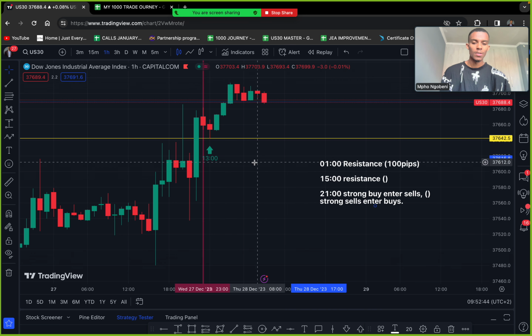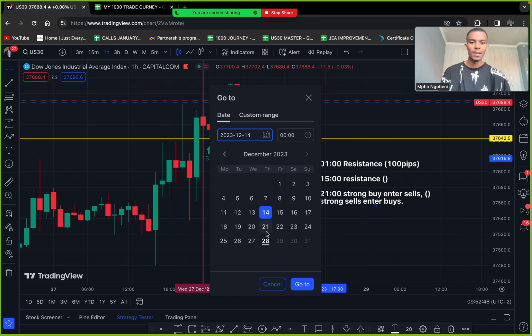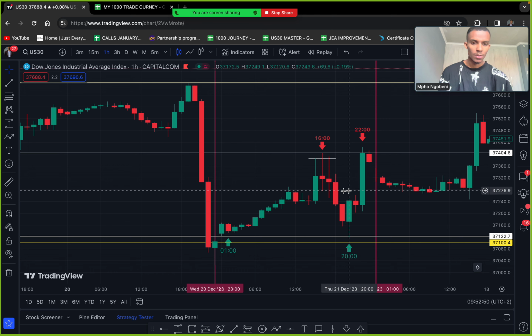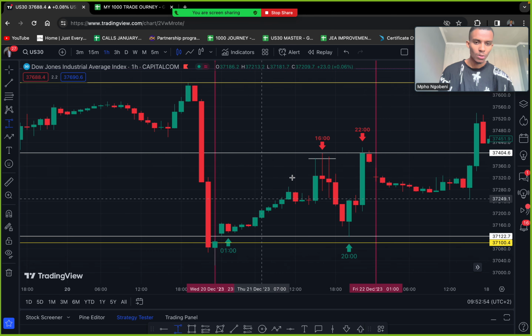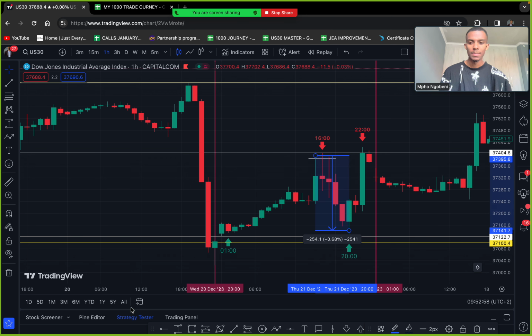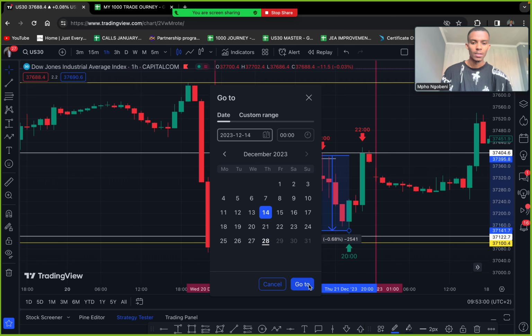And for the 15 o'clock resistance, we're gonna check again based on the Thursdays. What are we gonna aim for? We see the market coming to reject nice and below. It's also like 200 pips if I'm not lying. Yeah, it's 200 pips there. So let's check the 14th.